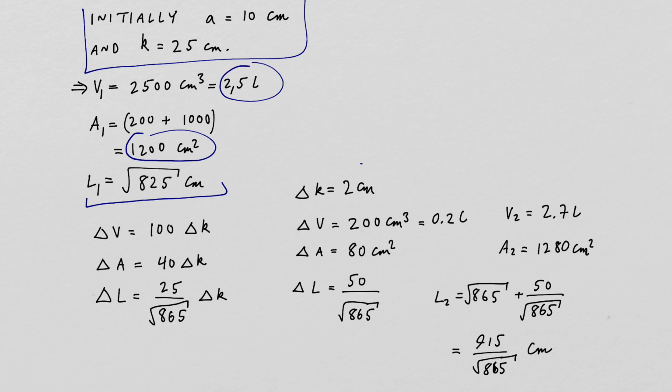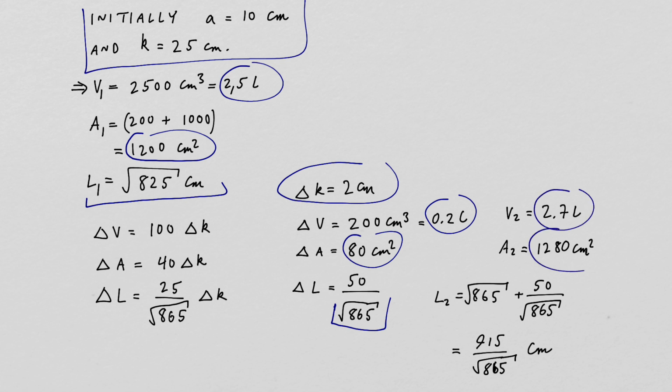If then the k would increase by 2 centimeters, then the volume would get increased by this amount, surface area by this amount, and the space diagonal would get longer by this amount. And the new values would be this, and this. So partial derivatives are a useful way to find the rates of changes of functions.